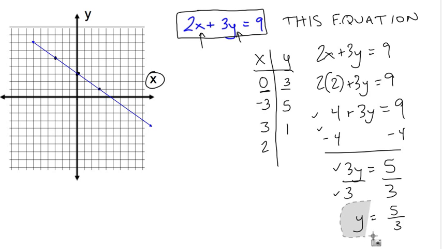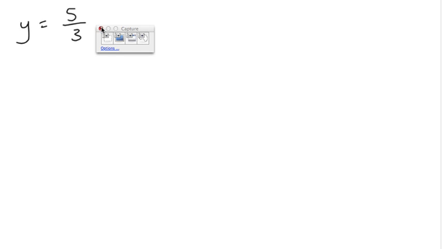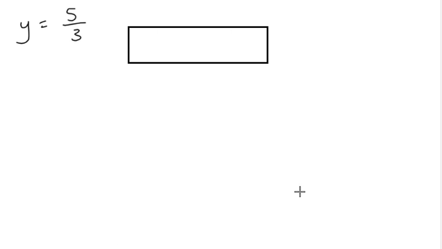We're going to take that, we're going to put that on a new page. And I need 5/3. And I'm going to, of course, use my rectangles to help me understand fractions. So let's see, thirds.